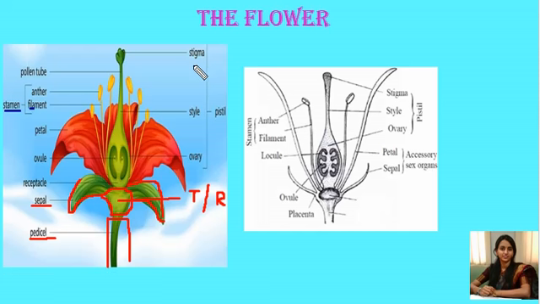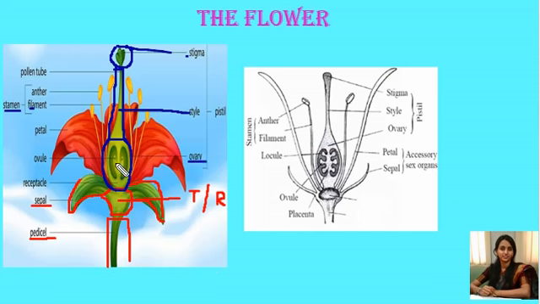A typical gynoecium consists of three parts. The stigma, this is a stigma, and from here to here it is known as style. It is a hollow, slender, tube-like structure. The basal bulged portion is known as ovary.